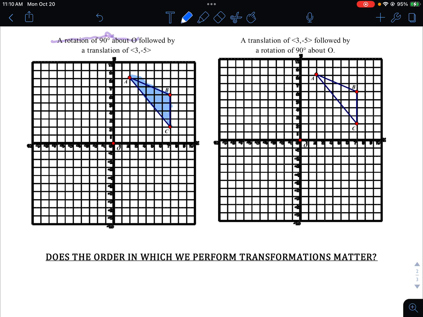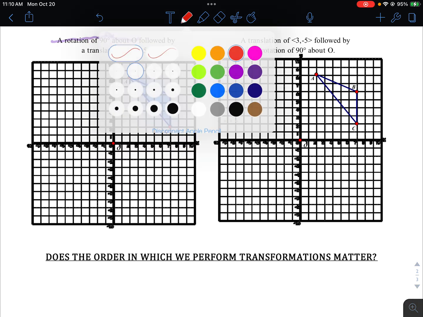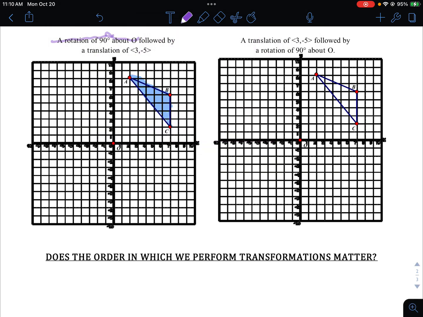Remember, one of the things you're going to do in order to rotate around the origin is to change all your points to negative y, x. That's actually how I'm going to do it. Point A was 2, 8, so negative 8, 2 would be A prime. B was located at 7, 6, so that would become negative 6, 7.